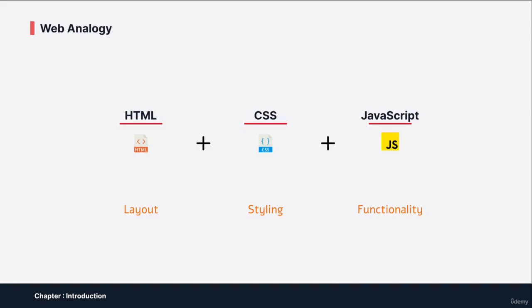And you see, you have basically the same analogy in the web world. So the UXML files are basically your layout files in Unity. They are your HTML files in the web world. Your USS files are your CSS files in the web world, and you do your functionality, at least your front-end functionality, in JavaScript in the web world.